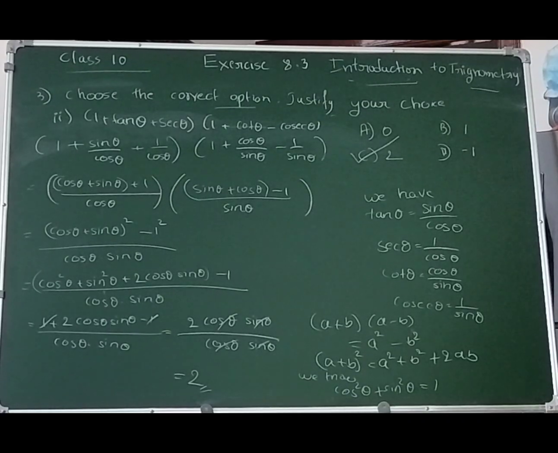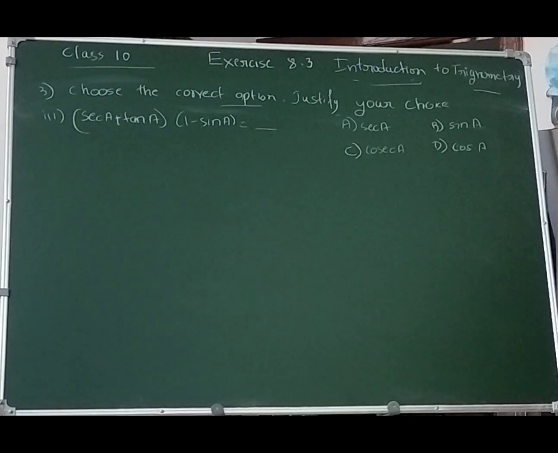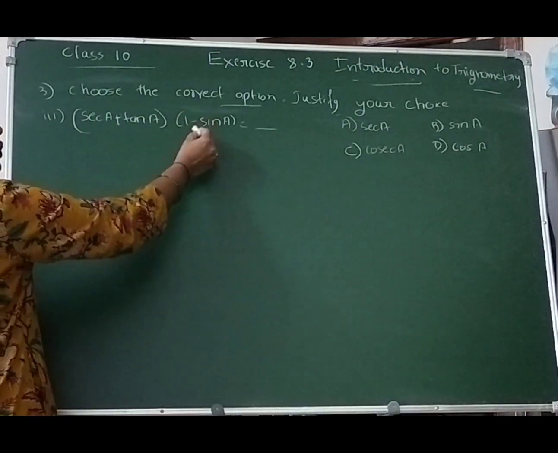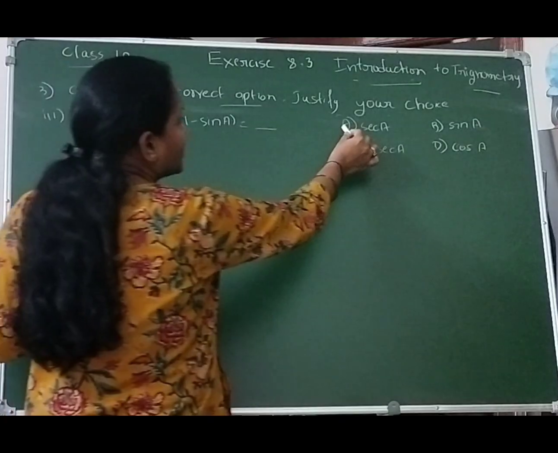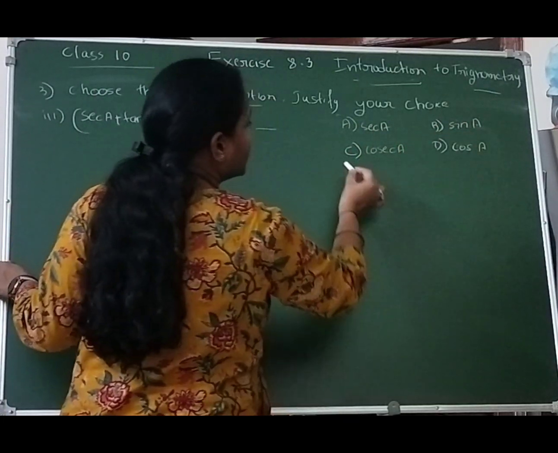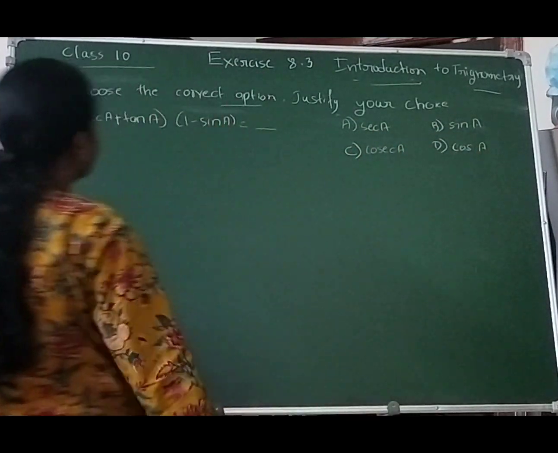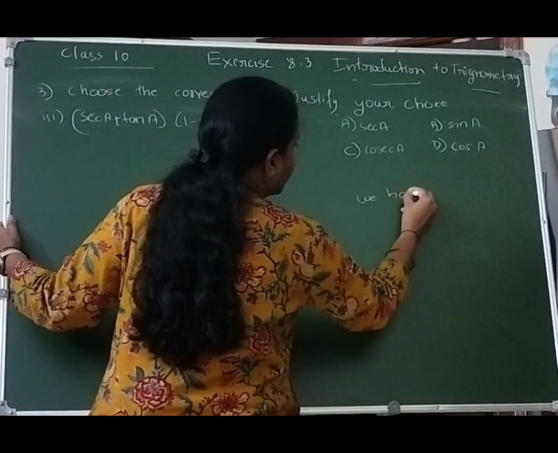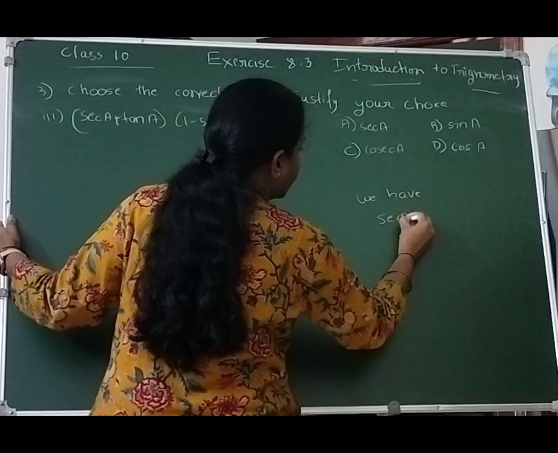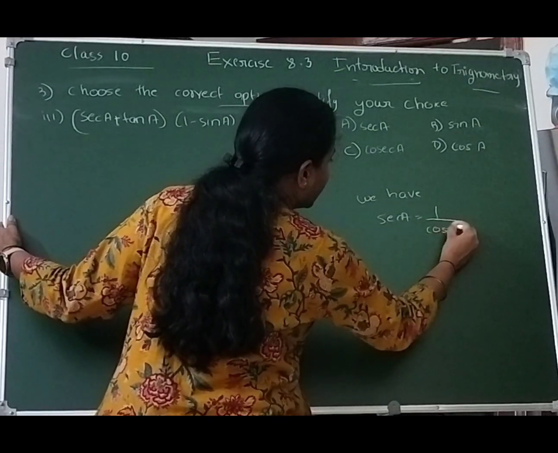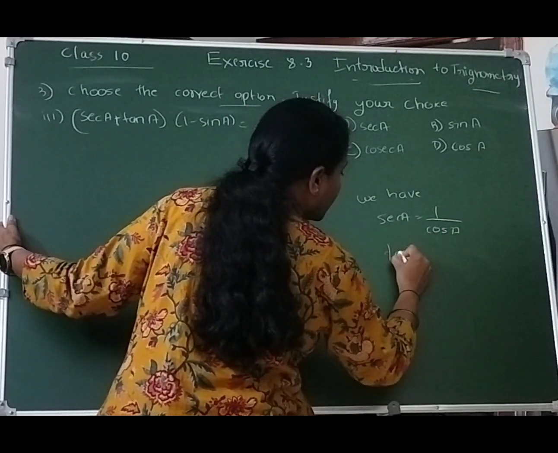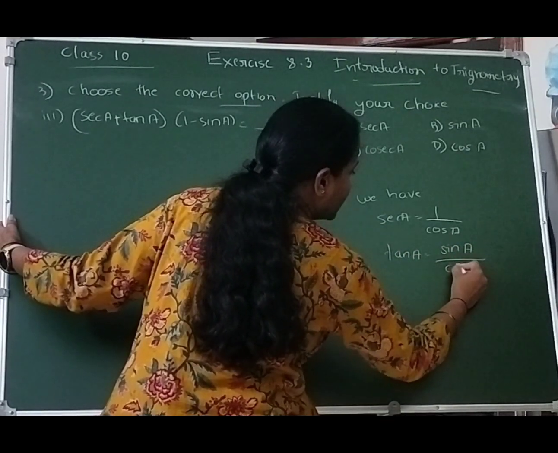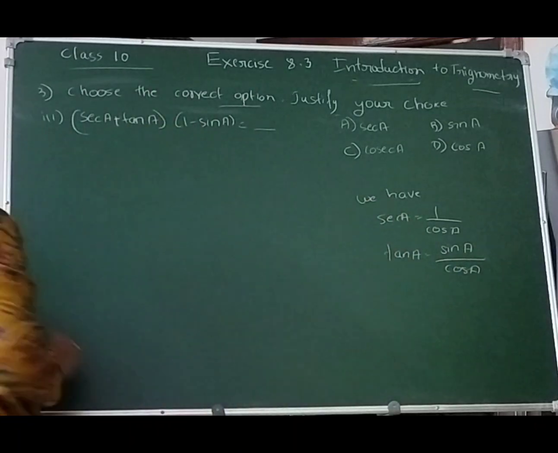Next we'll move on to the third question, that is, secant A plus tan A into 1 minus sin A. The options are A, secant A; B, sin A; C, cosecant A; and D, cos A. We know that secant A is equal to 1 by cos A. Similarly, tan A is equal to sin A divided by cos A. We'll substitute here to get the final answer.